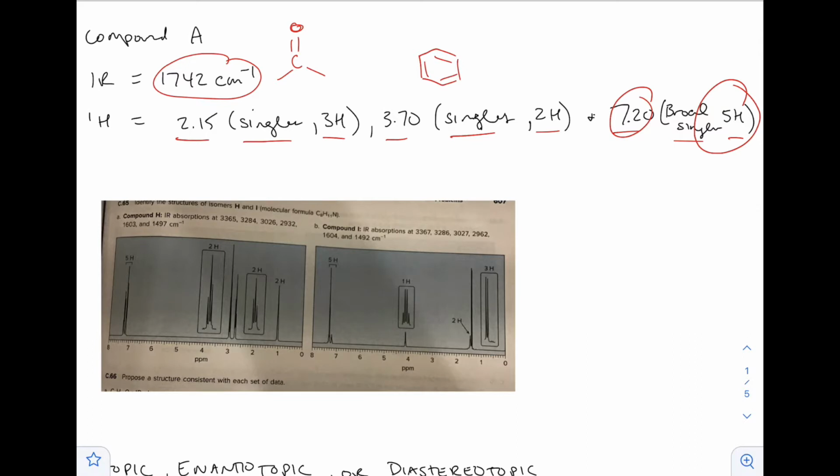Because it's in that 7.2 region, that's super far downfield, so that's probably a benzene, and it's got one thing on it because there's 1, 2, 3, 4, 5. If it were 4, then we would say we have 2 things on the benzene ring, and the multiplicity would tell us what type of substitution it is. So is it here, or here, or here?